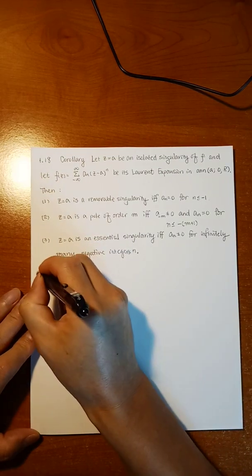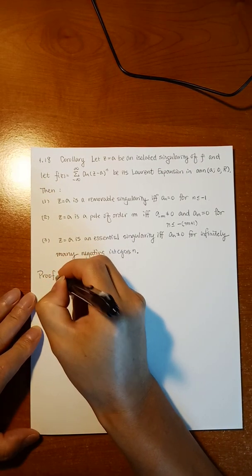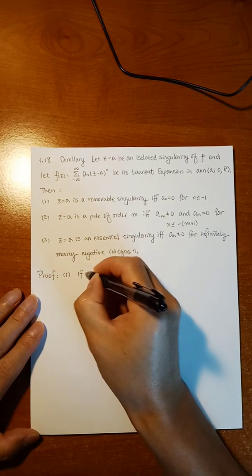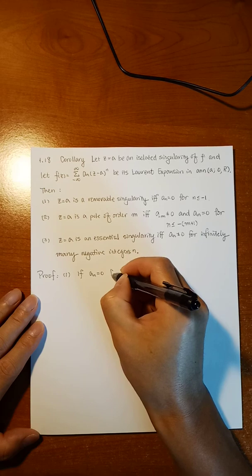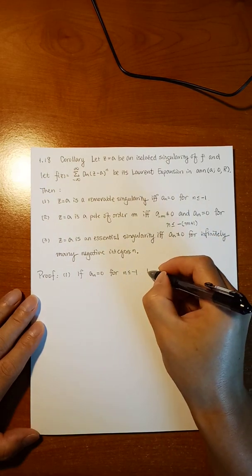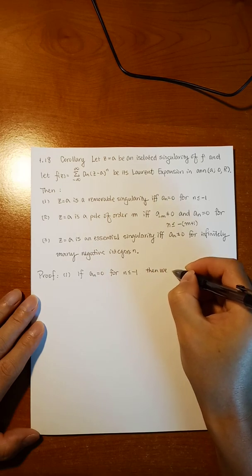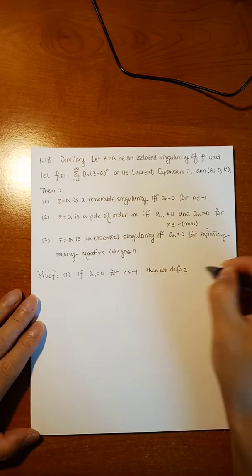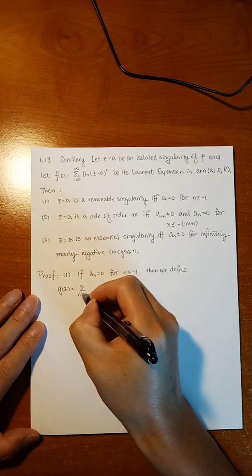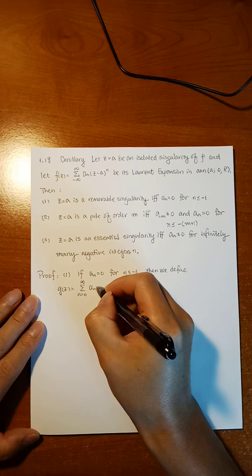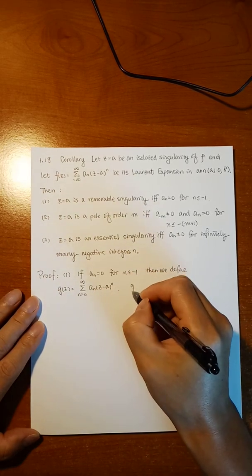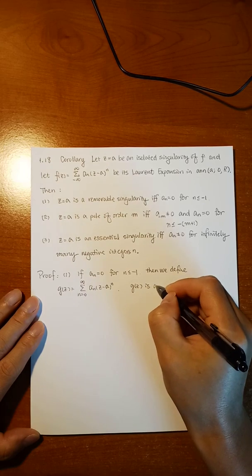The proof is not hard. For case 1, if a sub n is equal to 0 for n less than or equal to negative 1, then we define g of z as the sum from n equal 0 to infinity of a sub n times (z minus a) to the nth power, and g of z is analytic, right?